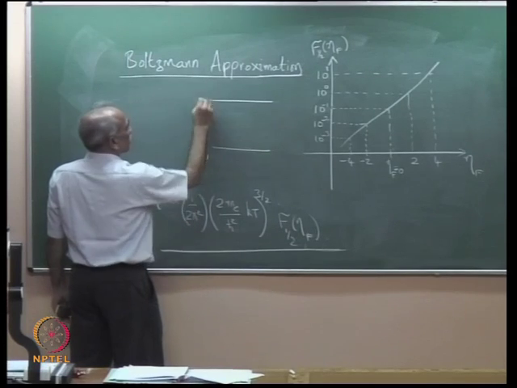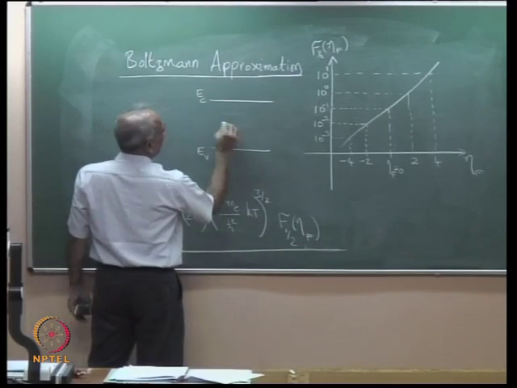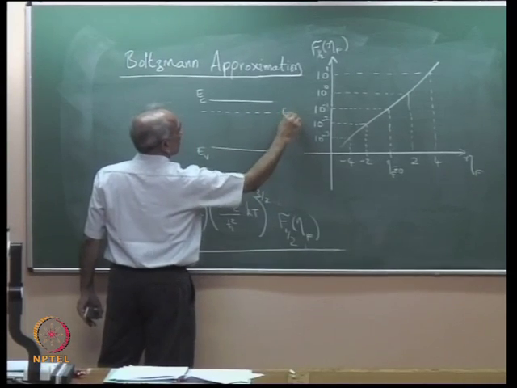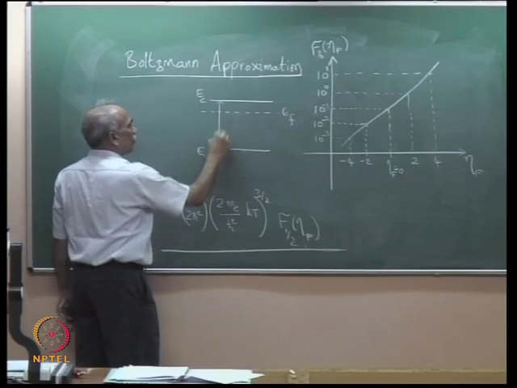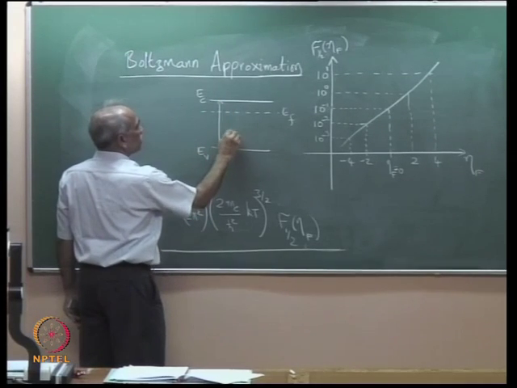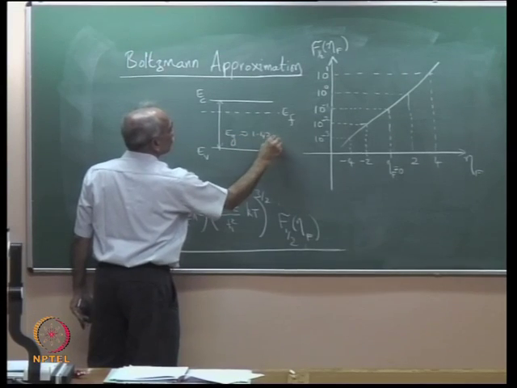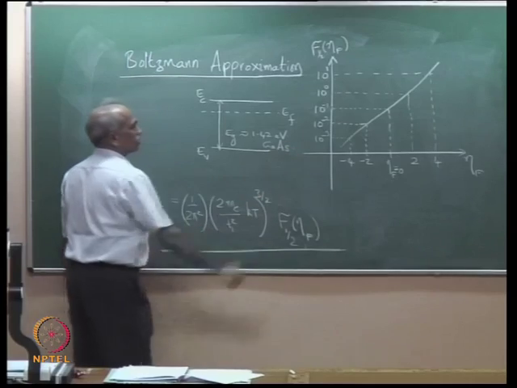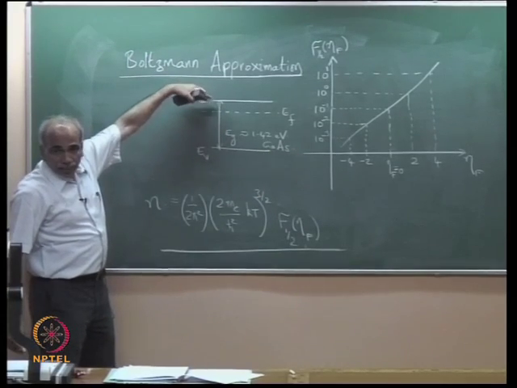Take normal doped semiconductors. If you take an n-type doped semiconductor, then EF may be somewhere here. You take gallium arsenide or silicon; EG is of the order of 1.42 eV for gallium arsenide, and EF has already moved towards the conduction band.